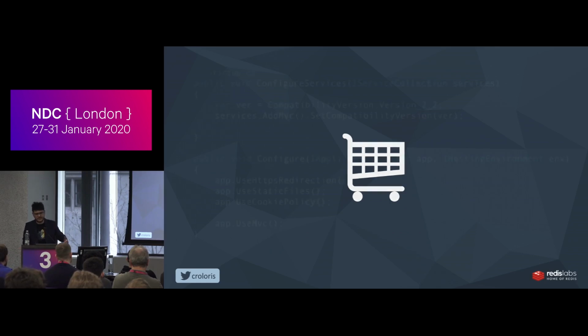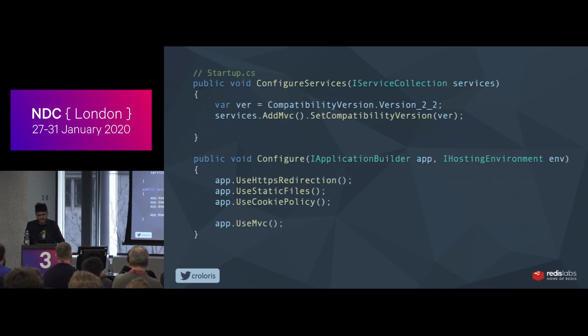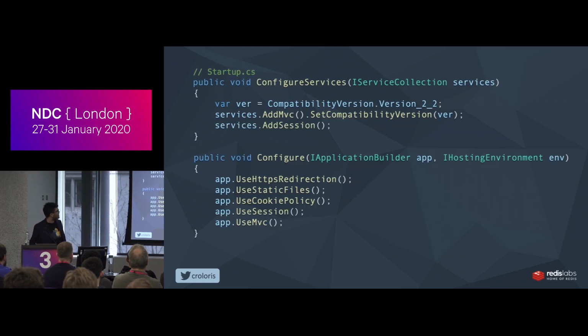So starting with the basics, enabling sessions in ASP.NET Core is very easy. It's just a couple of configuration lines, as you can see. It's just add session and use session. And with this configuration, the session state is stored in our application's memory and is connected to a specific client by a cookie that contains the session ID.